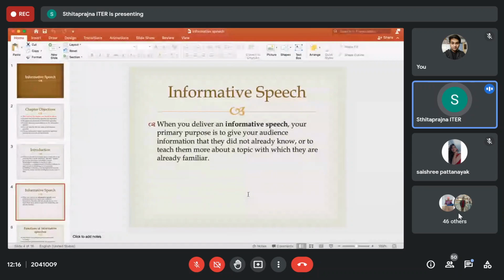So if you want to indulge in a topic that everyone knows and that's quite familiar, divulge something which we don't know, or you can bring up something very new which your audience might not know, and that's quite important. So informative speech gives your audience information that they did not already know.